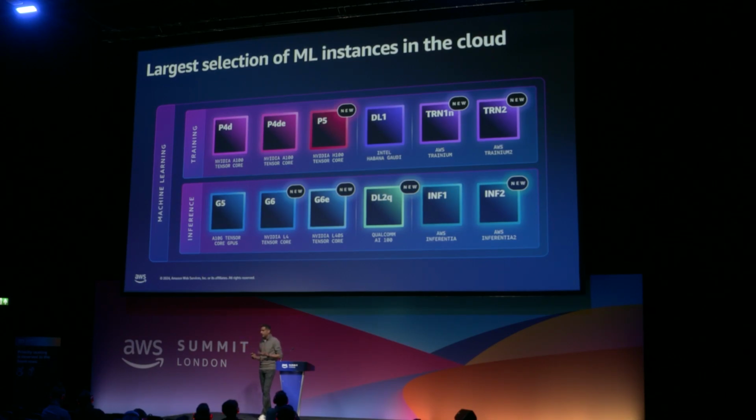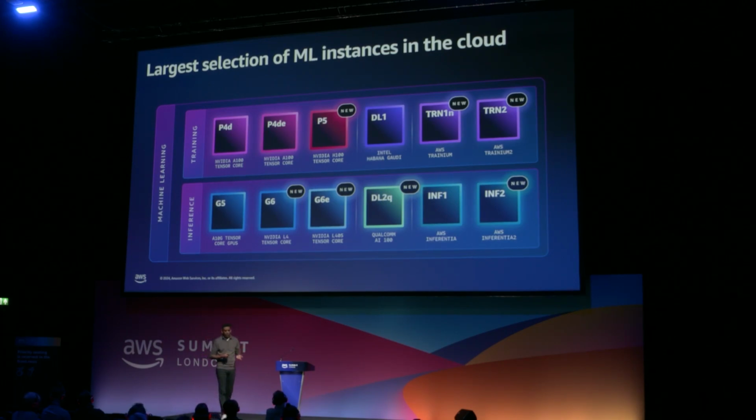And the P5 instances are designed to support and deploy some of the most demanding large language models or even diffusion models. On the inferencing side, we have the G6 and the G6E instances, and these are also NVIDIA-based instances. And these are suited more for your fine-tuning or your inferencing use cases.